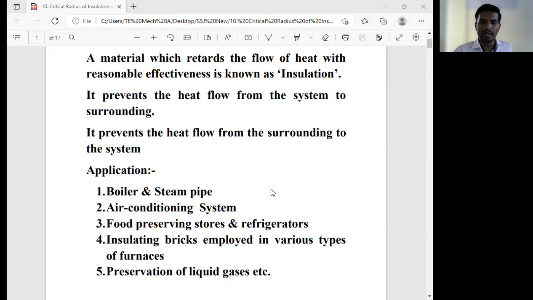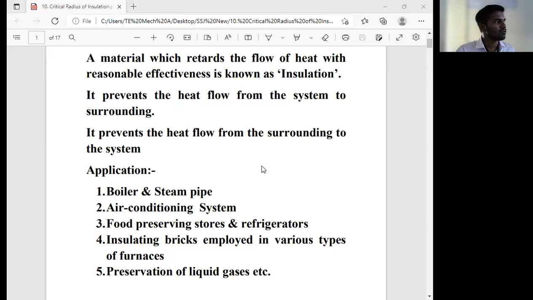And the last one, preservation of liquid gases.